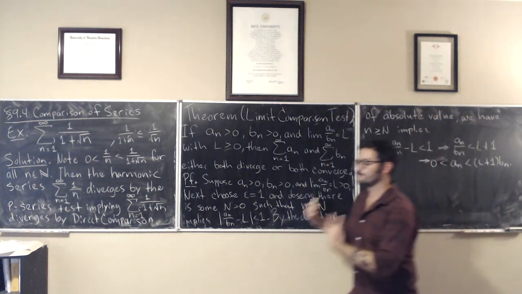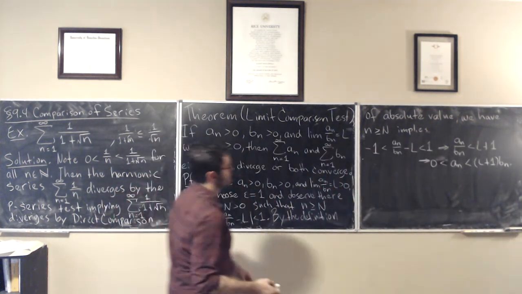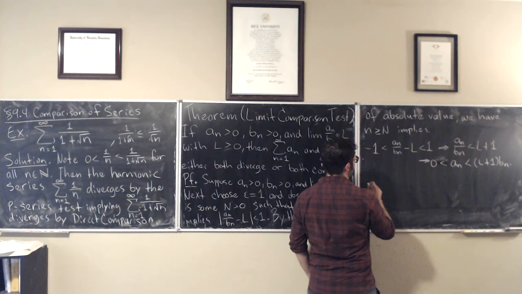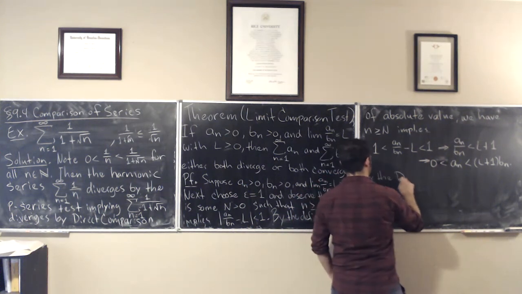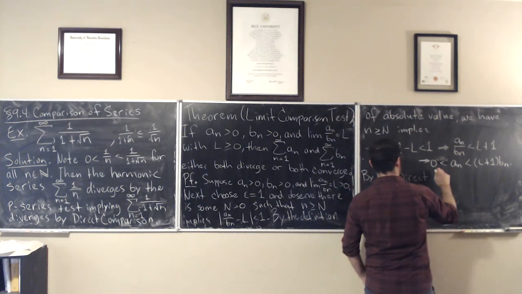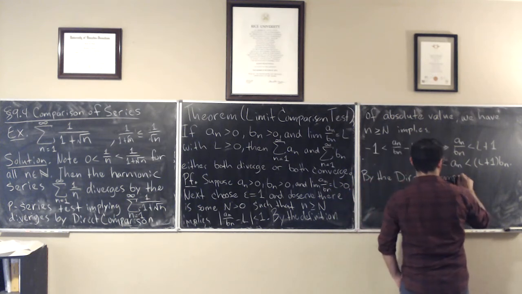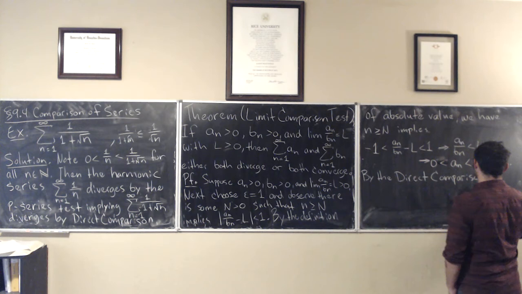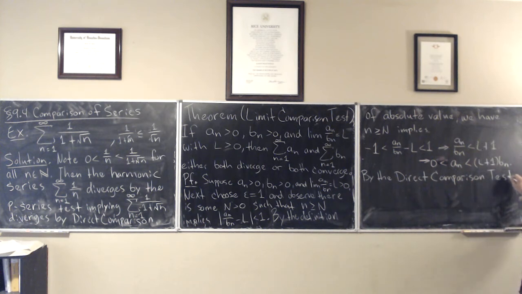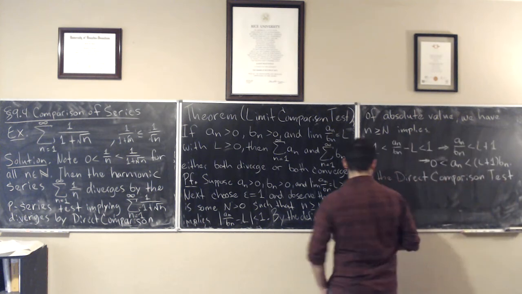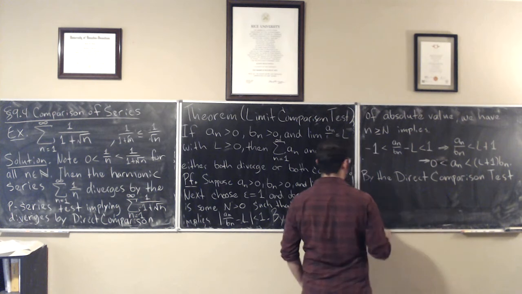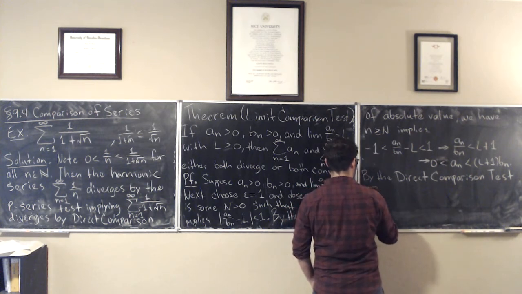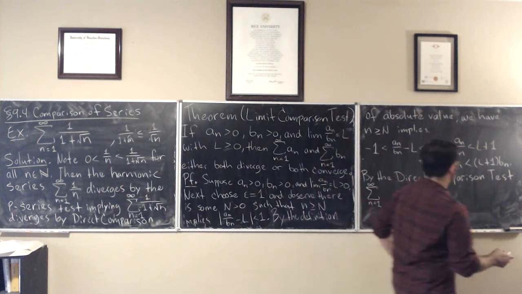So now we're going to use the direct comparison test. The sum from n equals 1 to infinity: this is our term, right?